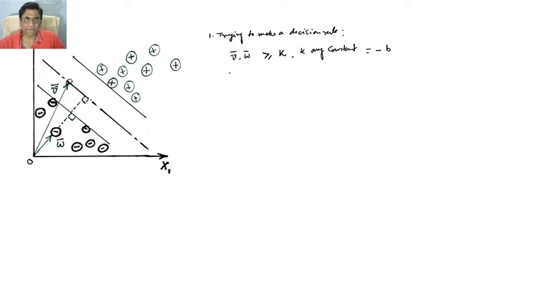Let us refine this a little bit. If v dot w plus b is greater than or equal to 0, then the sample belongs to the positive class. And if v dot w plus b is less than 0, then the sample belongs to the negative class.